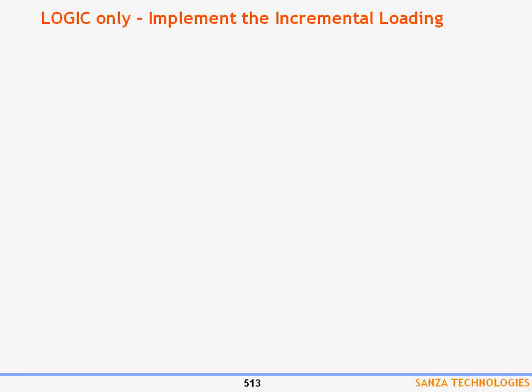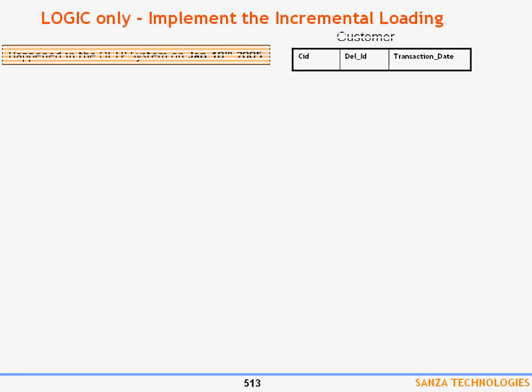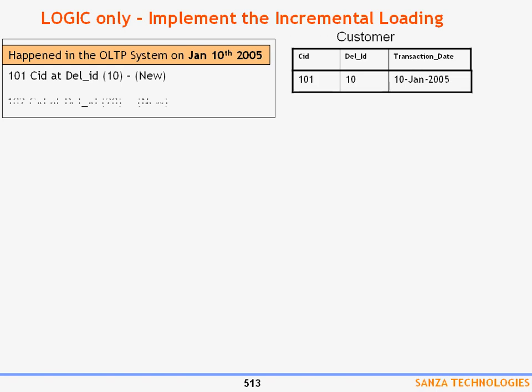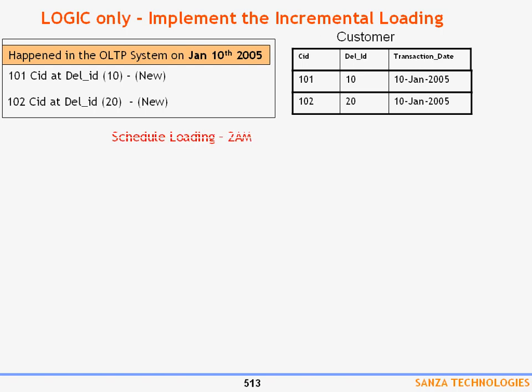Now, from Informatica perspective, 10th January data has been loaded into your customer table. Now you are going to extract it. How will you extract only 10th January data? What are we going to do in Informatica? I'm coming to Informatica now.